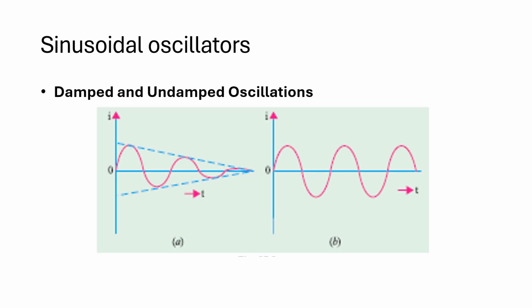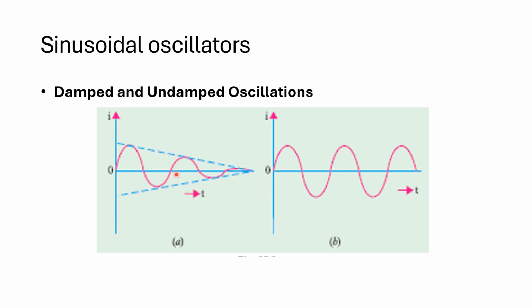We also have two types of oscillations: damped and undamped oscillations. Here on the left, we have damped oscillations. What do we notice here? The amplitude of the sinusoidal waveform keeps on decreasing with time.